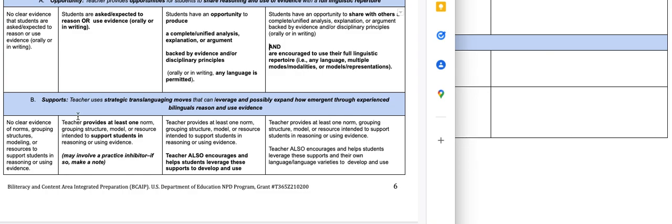This may involve a practice inhibitor. If so, make a note. So yeah, we've seen this kind of language now throughout the practices, so I won't go into much depth on this one. I think it's pretty straightforward.